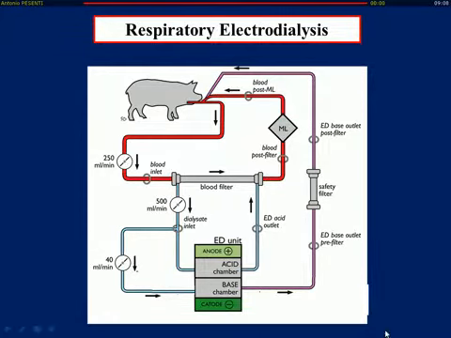So basically, we have an ultrafilter here which produces ultrafiltrate. The ultrafiltrate is split into an acid portion and a basic portion. The acid portion is used to remove CO2 from blood. The basic portion is given back to the animal, so we don't add or remove anything. We just remove CO2 by applying an electrical field.